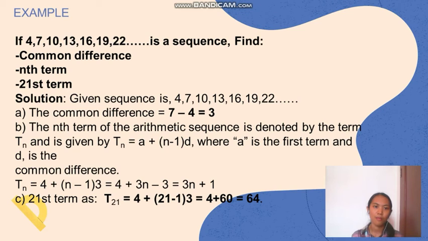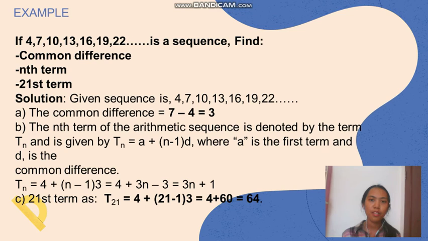And the nth term of the arithmetic sequence is denoted by Tn, given by Tn equals a plus n minus 1 multiplied by d, where a is the first term and d is the common difference. And we got Tn equals 4 plus n minus 1 multiplied by 3 equals 4 plus 3n minus 3, equals 3n plus 1.